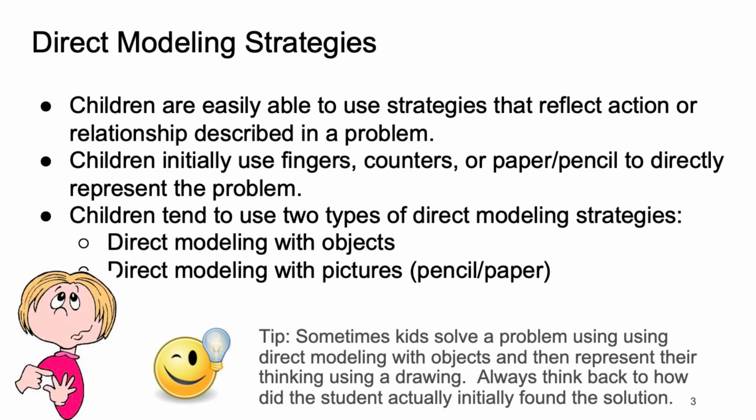So sometimes if kids are using direct modeling, my son will say, will you show me 7 fingers and I'll hold up 8, and then we'll figure out how many there are all together. So they'll even use each other's fingers for direct modeling, all right? So when they're solving that problem, that means they have to use something to represent each one of them.